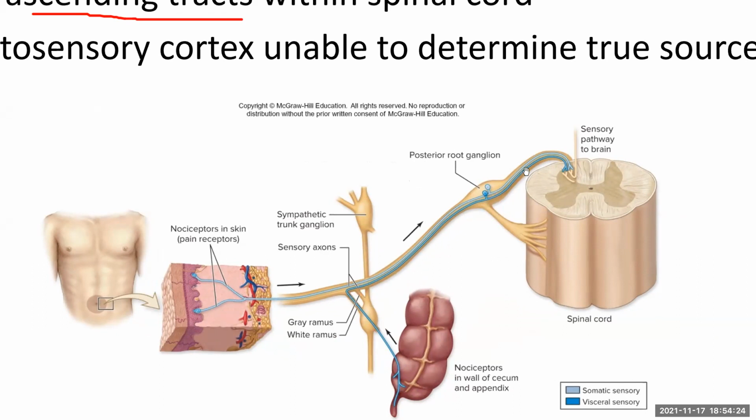And we see how both the sensory neuron for the nociceptors in the skin and the sensory neuron for the nociceptors in the appendix, so that's both somatic and visceral sensory neurons, share that same pathway. So what will happen is, even though this is inflamed, this area will feel pain.